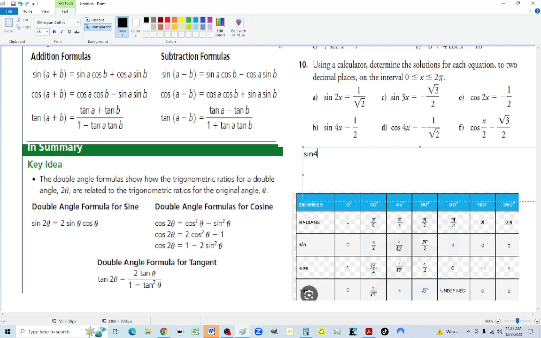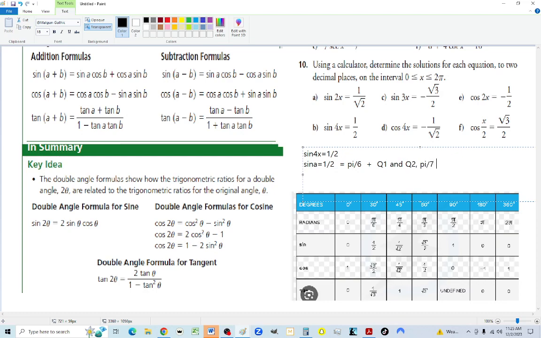So B, sine 4x is equal to a half. Well, let's pretend it said sine A. Where is sine equal to 1 over 2? We discover it's pi over 6. Now also, where is it positive? Quadrants 1 and 2. Which angles are those?